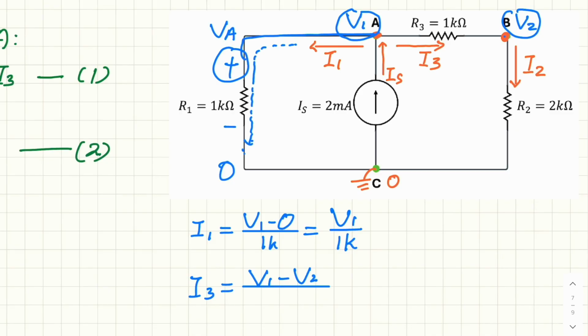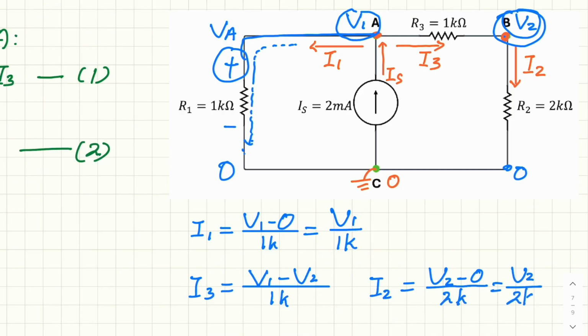So the order is very important. So this is 1K. I2 is from B, it means V2 to 0. So I2 is V2 minus 0 over 2K, or just say V2 over 2K.